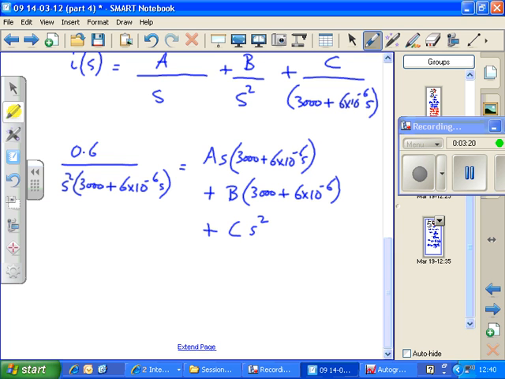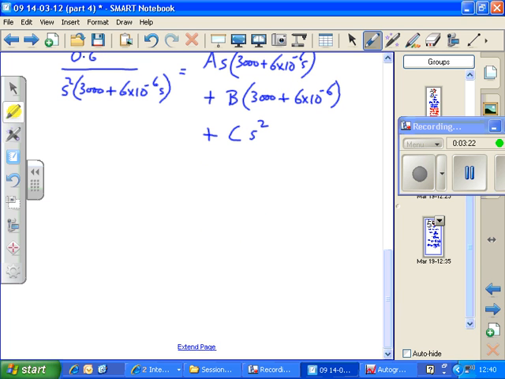And so we can actually equate the numerators. So this is all over the denominator, which is the same as the left-hand side.